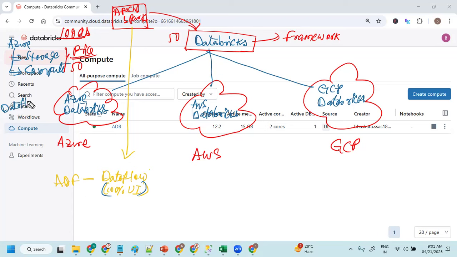If you remember, we used data flow debug. What is the data flow debug doing? Data flow debug is going to start the Spark cluster. So Spark cluster is required here. In all these places also we are going to have a Spark cluster. Here also we are going to have a Spark cluster. Here also, and here also Spark cluster will be there.